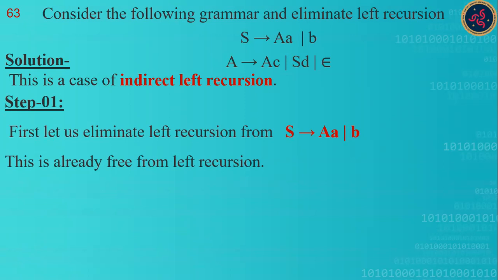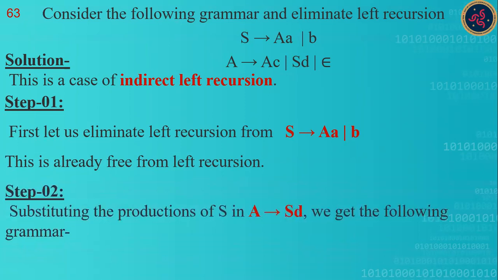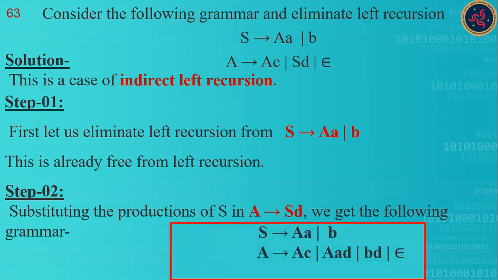Here we need to replace this rule, so we can substitute the value of S from the first production into this rule. Instead of this S, it can be replaced with capital A small a.